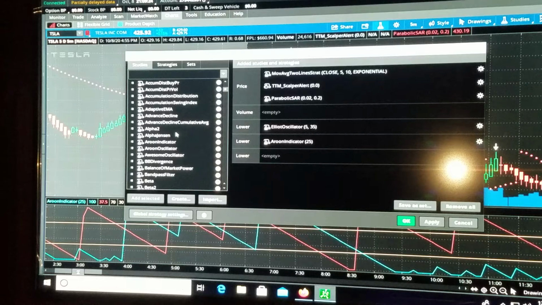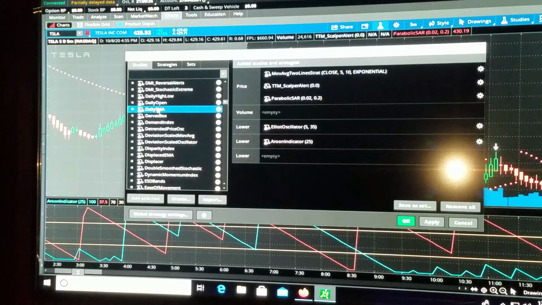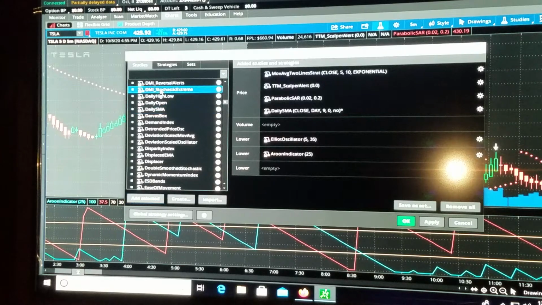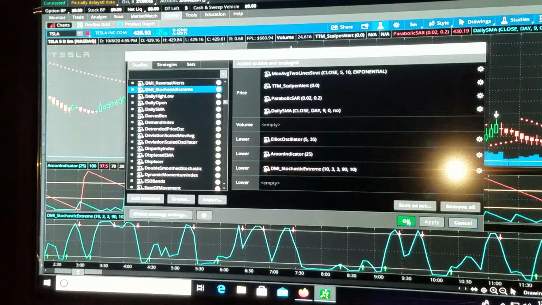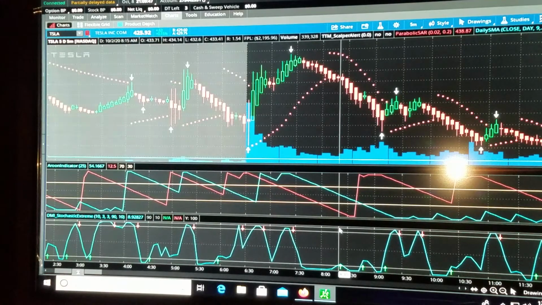We can do one or two moving averages. So maybe we add, let's see, daily SMA, daily high and low, DMI stochastic extreme, apply. Okay, now let's see what we got.